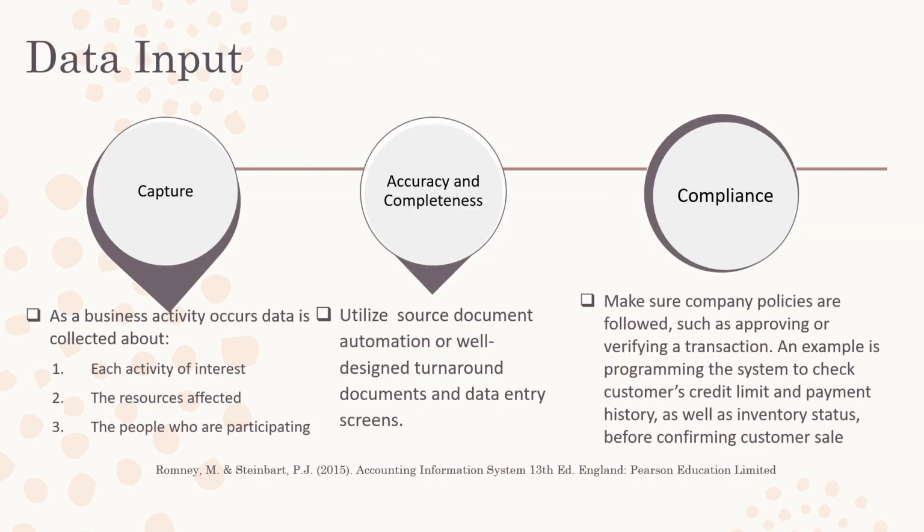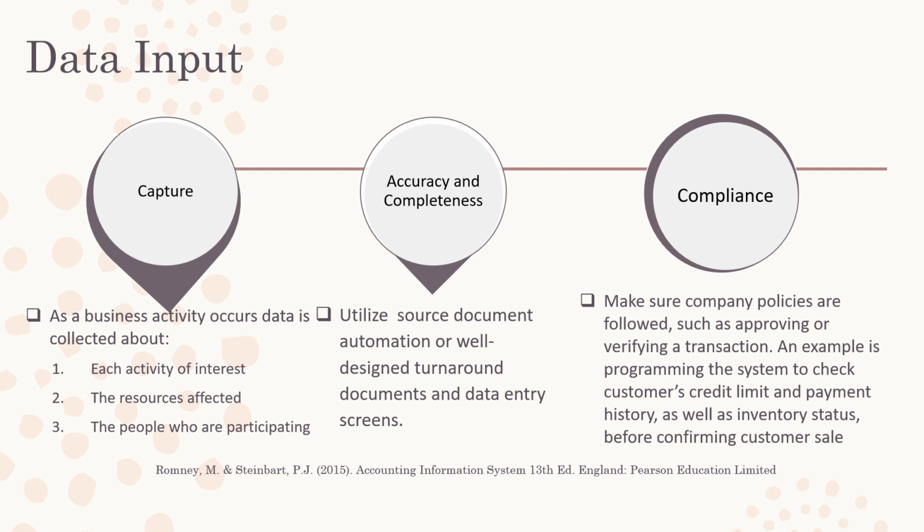Now, let's go to the data input. In data input, we capture data from a business activity. The data is collected about each activity of interest, the resources affected, and the people who are participating in that activity.